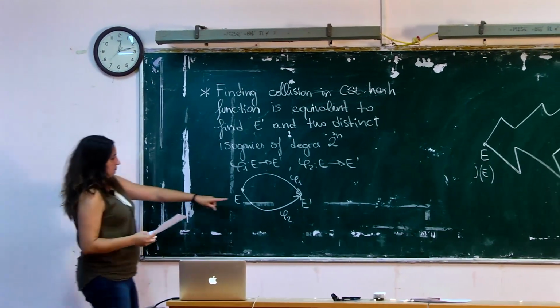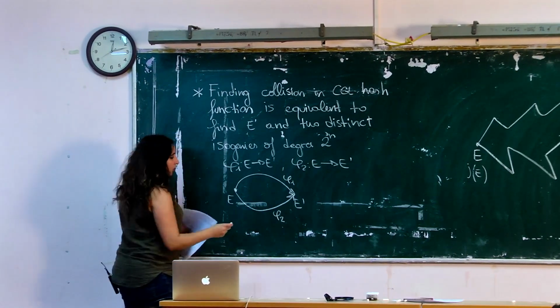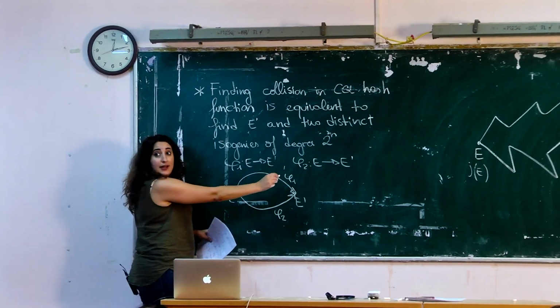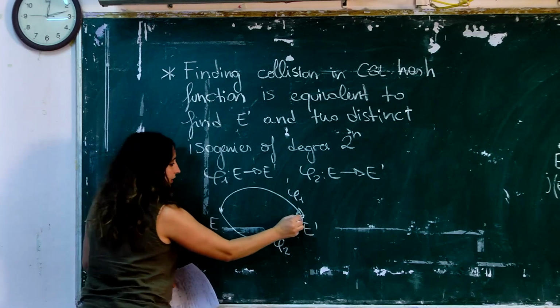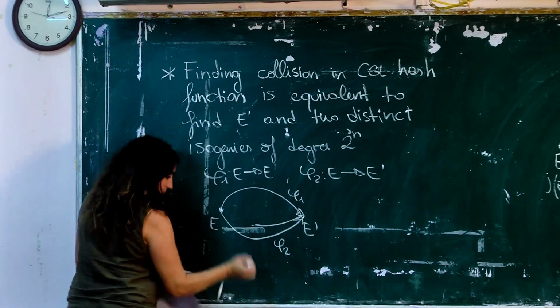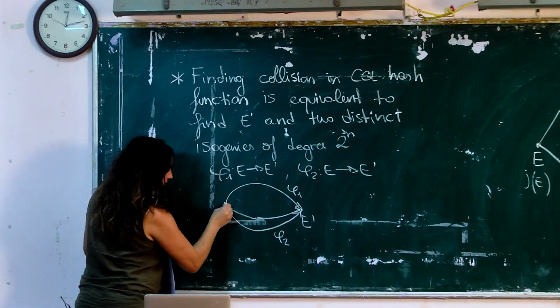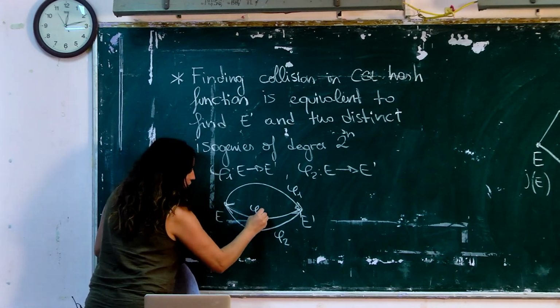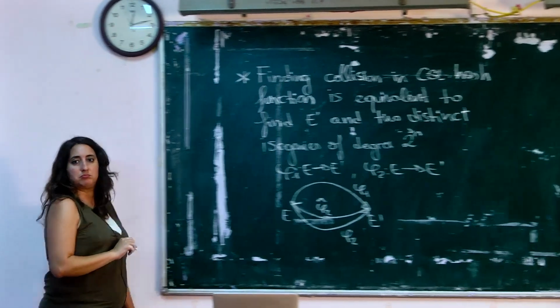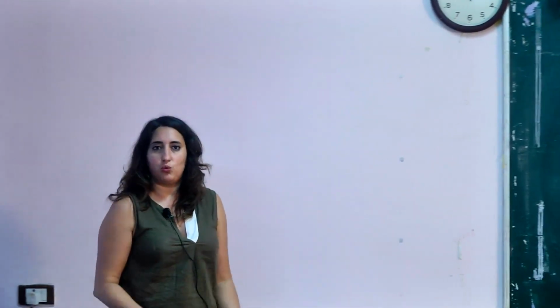But I told you that for every isogeny, there is an isogeny that goes in the other direction. This is the dual. So let me write it like this: phi 2 dual. I also have phi 1 dual.